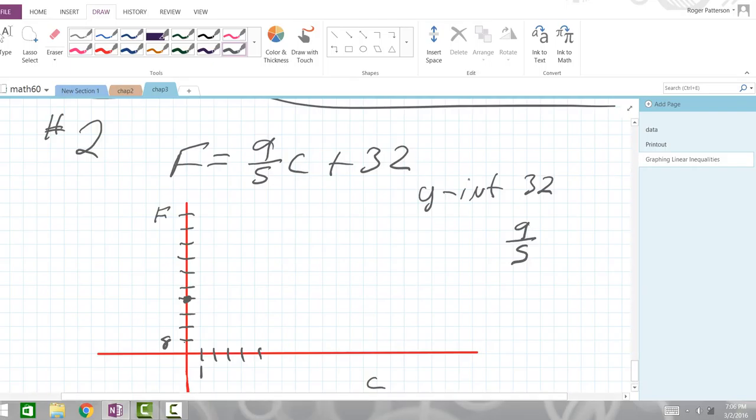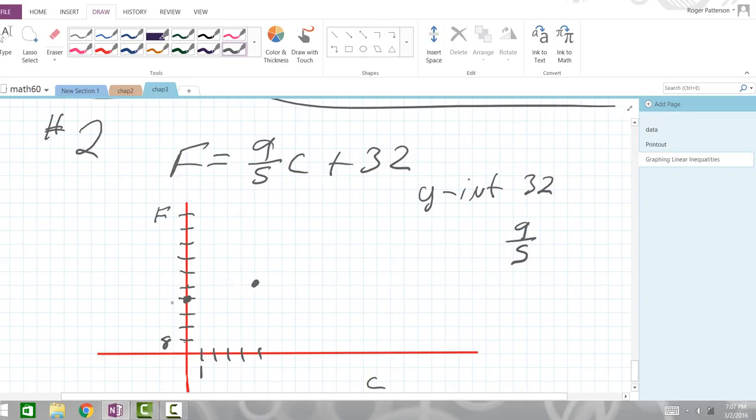So, let's see. If I go up 9 units here, it's going to be just a hair past that next one, right? Yeah. Okay, so a hair past that and over 5. 1, 2, 3, 4, 5.